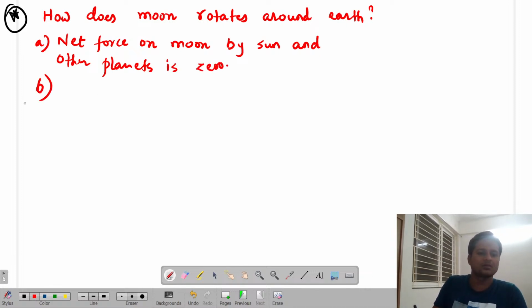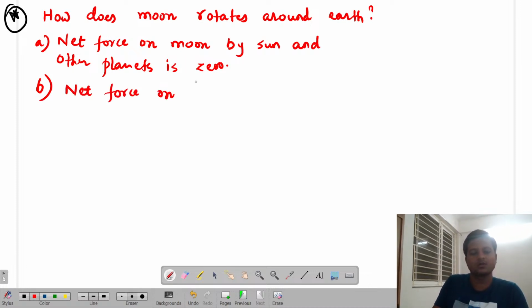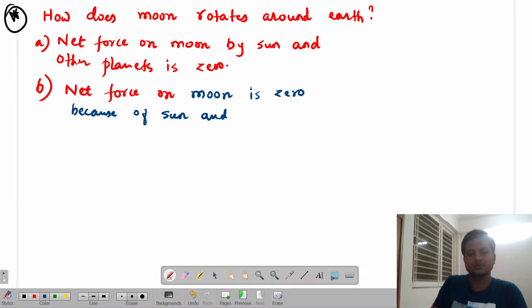Option B. Net force on the moon is zero because of the sun and earth effect.